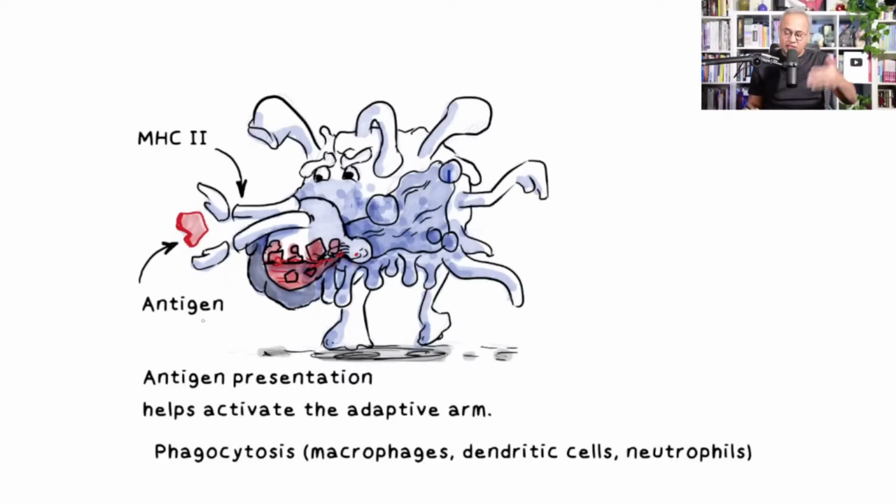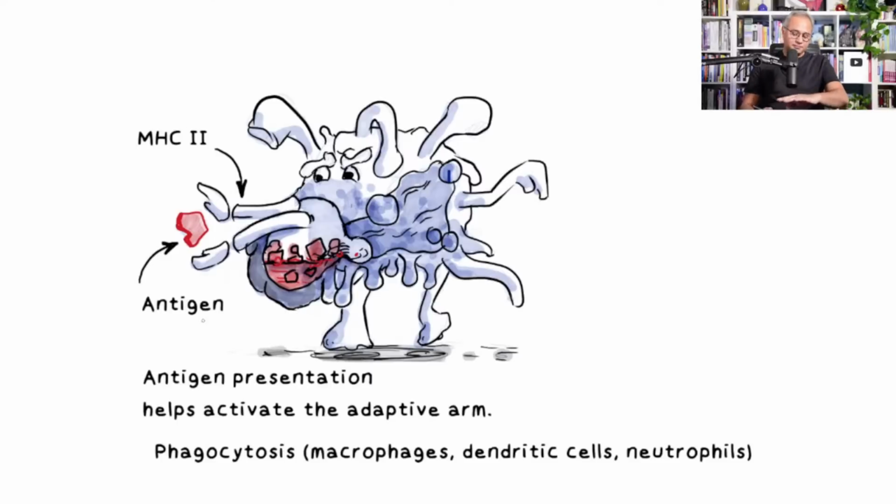You would learn in the later discussions that the adaptive arm then returns the favor and amplifies the innate arm by releasing gamma interferon and many other cytokines and chemokines. That is called the interleukin 12 gamma interferon axis, or, in my opinion, the innate arm, adaptive arm axis to amplify and work together.